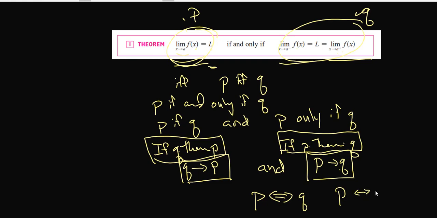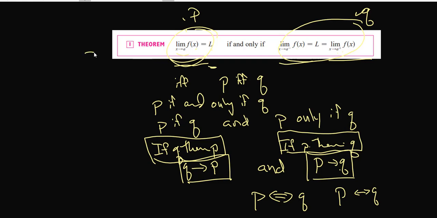There's some difference between the single arrow and the double arrow, but I'm not thinking about that. I might write it this way or this way, and they both mean P if and only if Q.